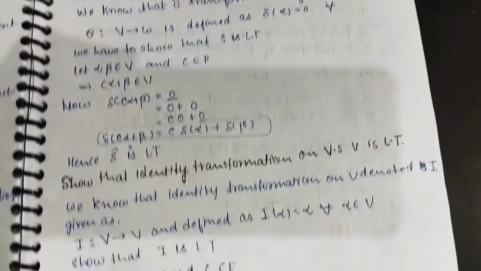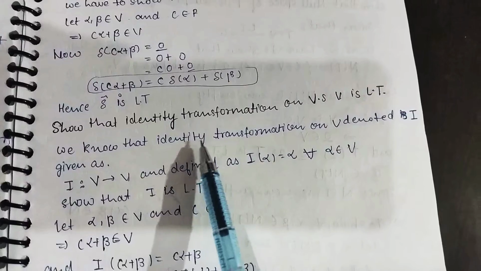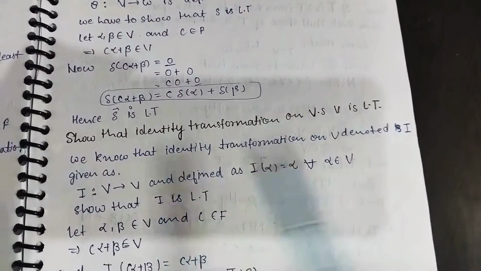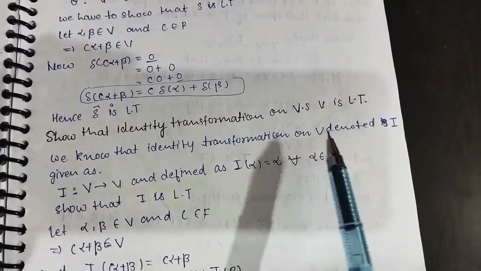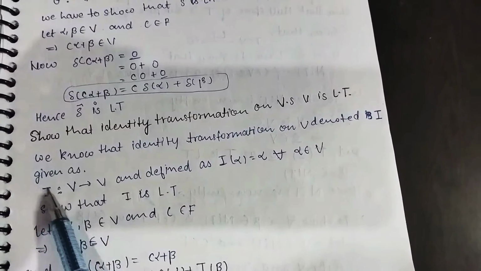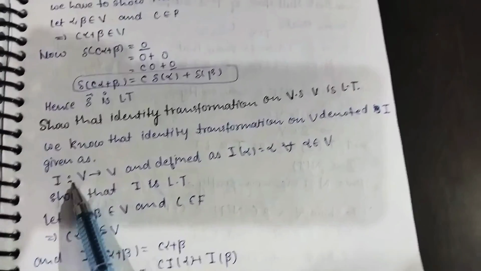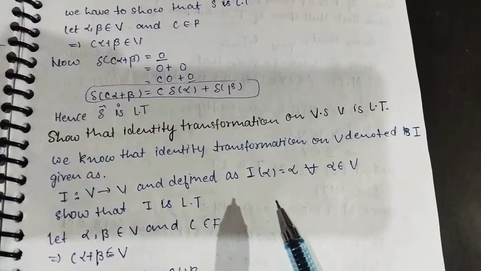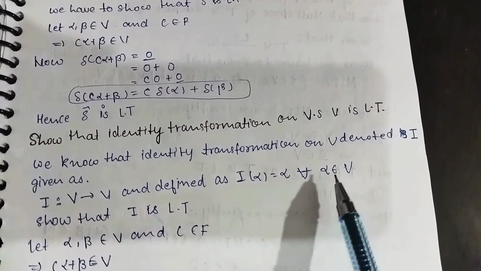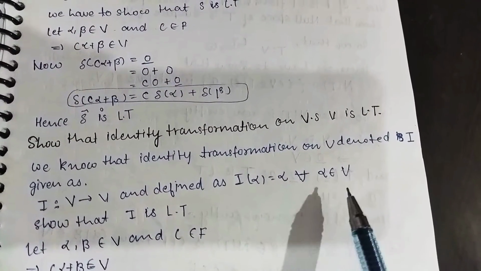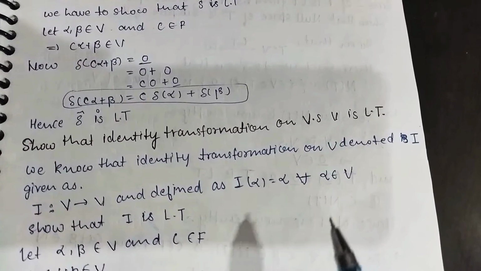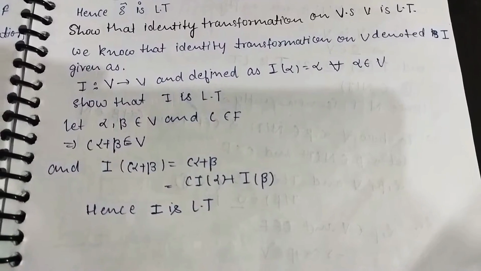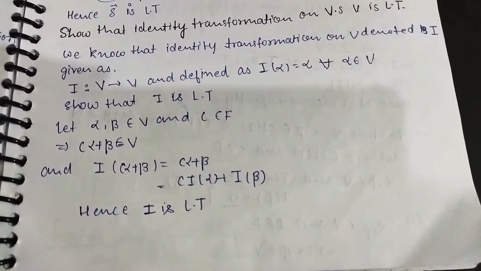Now the next one is that the identity transformation on a vector space is a linear transformation. We know that the identity transformation on V is denoted by I, given as I: V → V and defined as I(α) = α for all α belonging to V. So we show that I is a linear transformation.